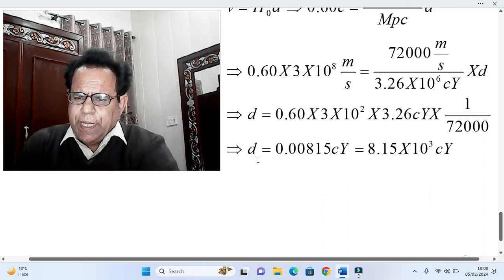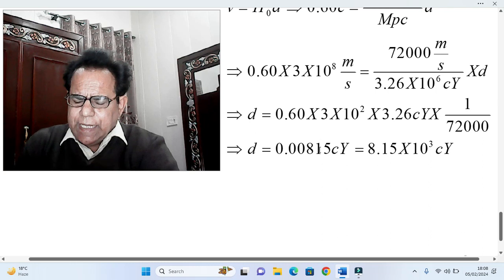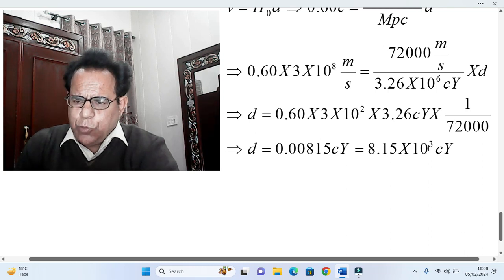Here d, when we convert it into 8.15 light year, then it should be multiplied with 10 raised to the power minus 3, but it is 10 raised to the power plus 3. So perhaps some minor mistake has remained.